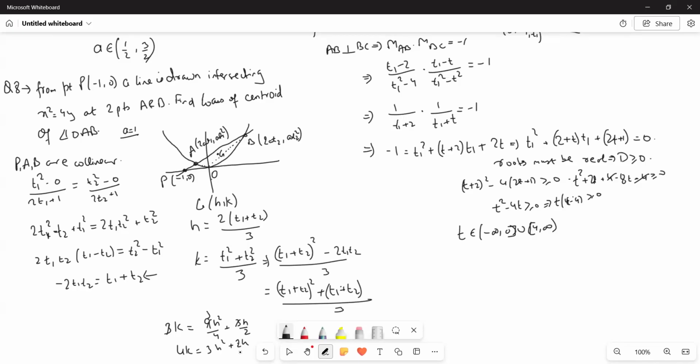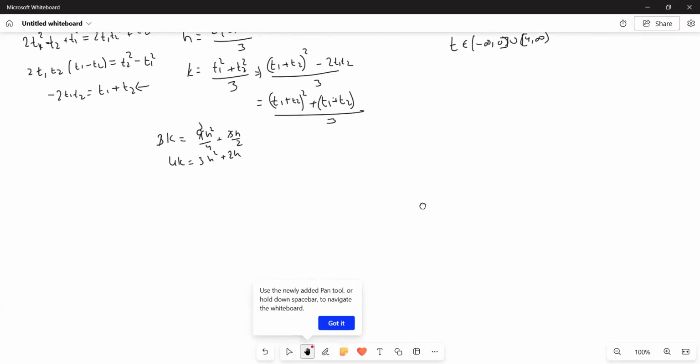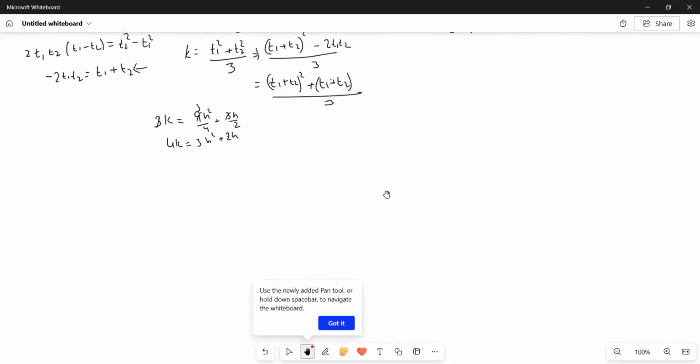So generalize कर दो, so we'll get 3x square plus 2x is equal to 4y. By the way, identify the locus. What will be the identification of the locus? Hello, anybody home?